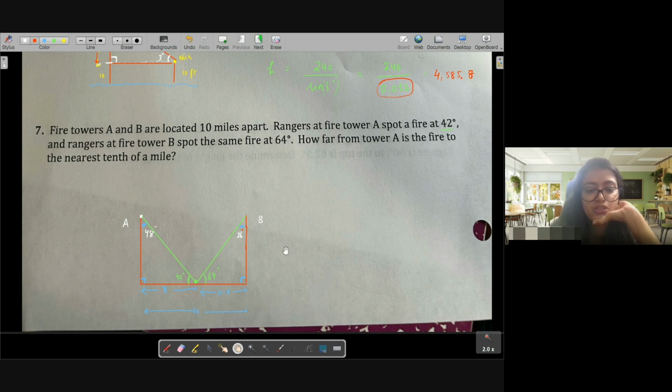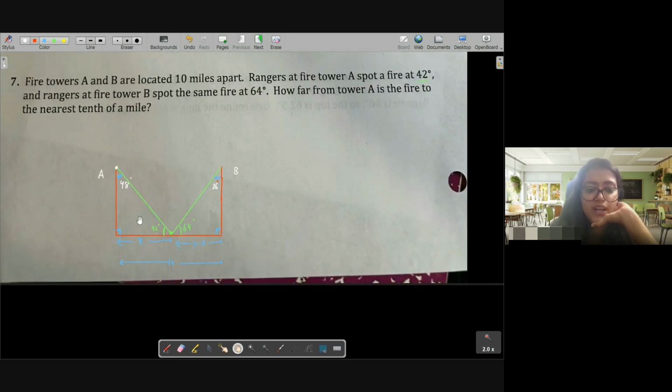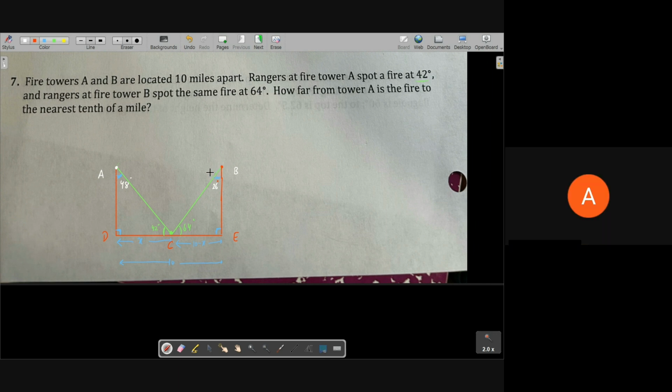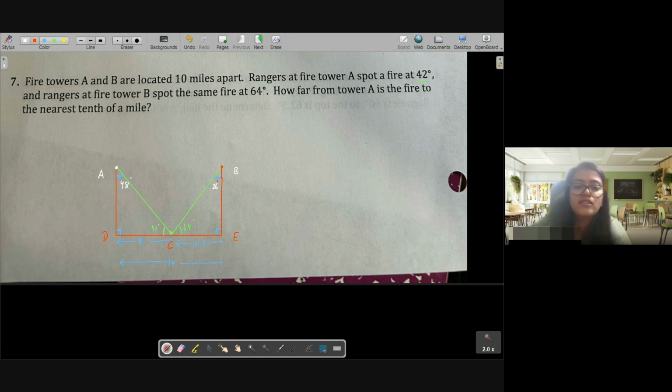You get two equations, one from this triangle and one from this triangle. Let's call the points A, B, C, D, E. I'm assuming that the height of the towers is the same. Yeah, I'm going to assume that too. I think using law of sines would be easier though.